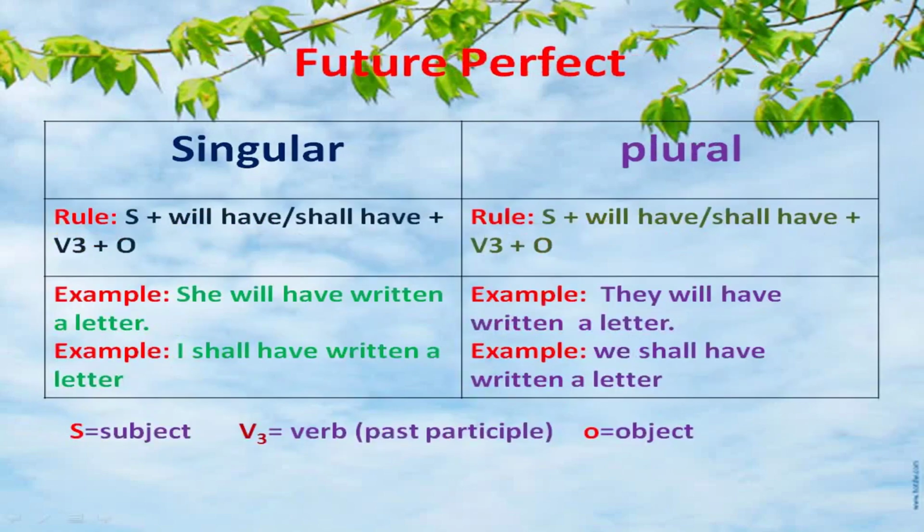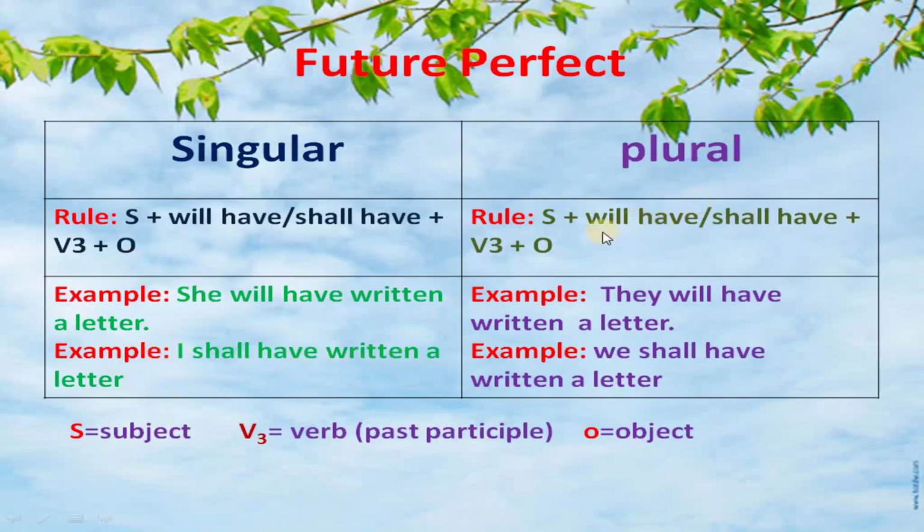Next one, future perfect tense. Rule is subject plus will have or shall have plus V3 plus object. Example for this, she will have written a letter, I shall have written a letter.